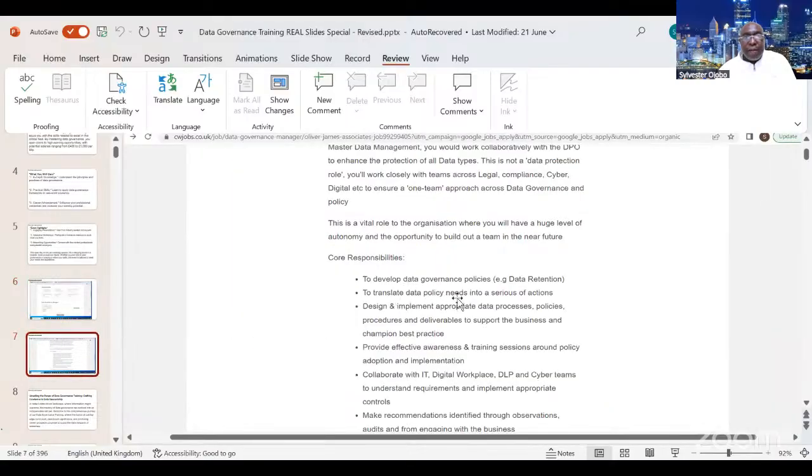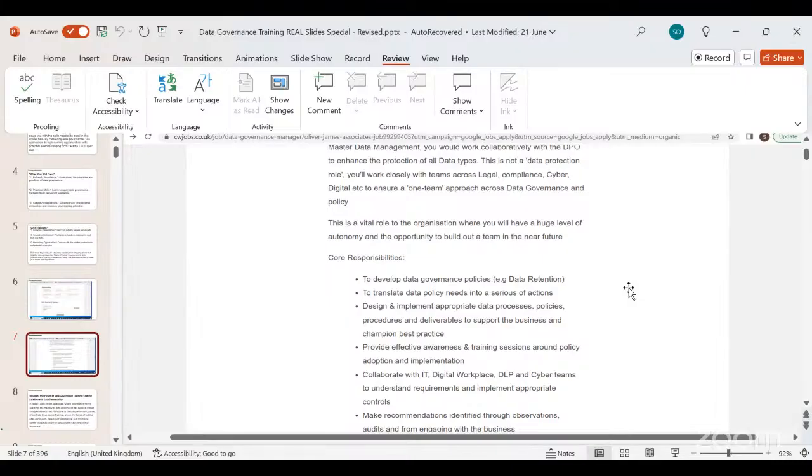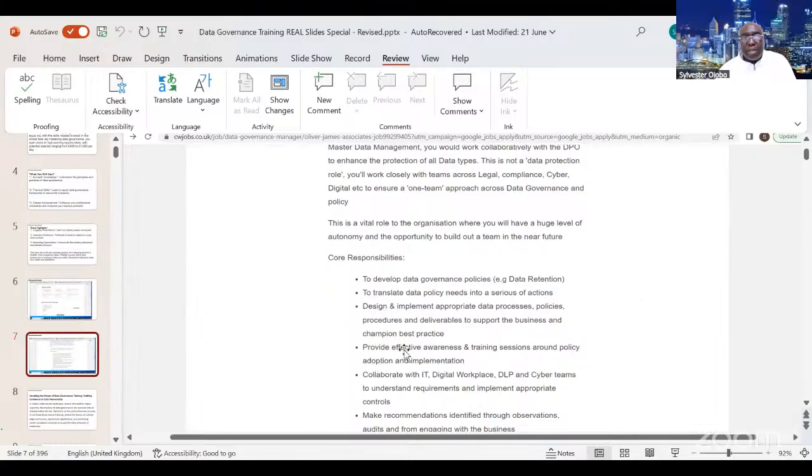What can you see here? I can see core responsibilities. Number 1 is what? To develop data governance policies, e.g. data retention. Can you also see number 2? Translate data policy needed into a series of actions. Number 3 is what?